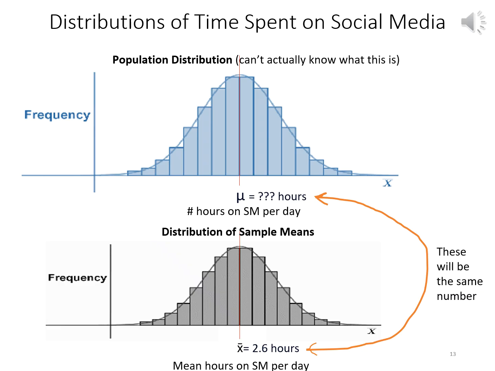What would eventually happen is now we have a distribution of sample means, which is the lower graph, and the interesting thing here is that the mean of means, if you will, the mean of that distribution of sample means, which is the mean of all means of all samples, that's kind of tricky, right, is going to be the same as the mean of the original distribution from where all those samples came from.